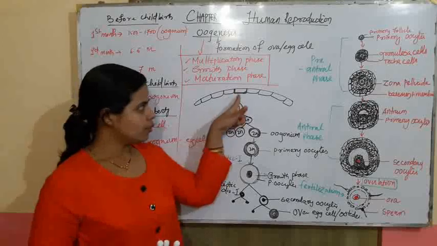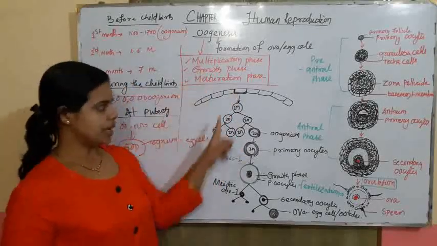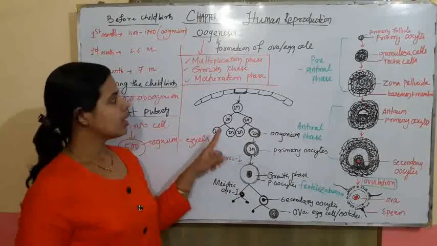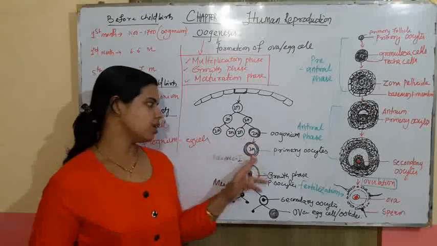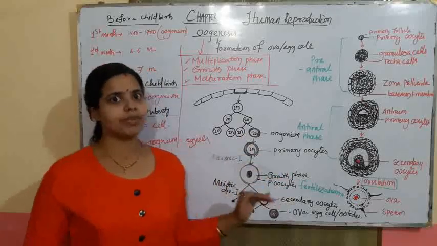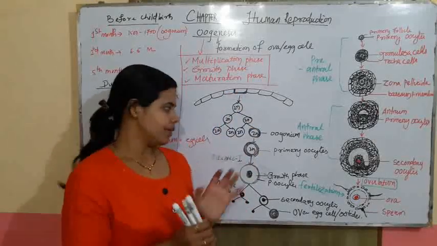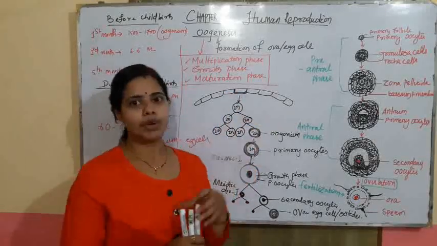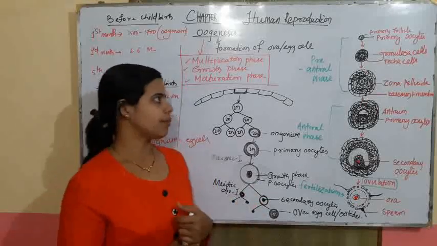One germ cell undergoes mitotic division, the multiplication phase, and many oogonia are produced, but only one cell goes on to form the ovum. The others remain in the follicular structure, so that they can protect the primary oocyte as well as nourish it.